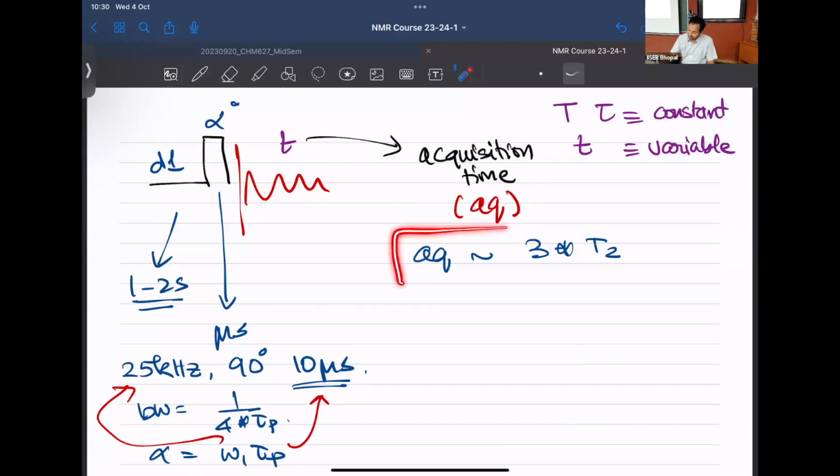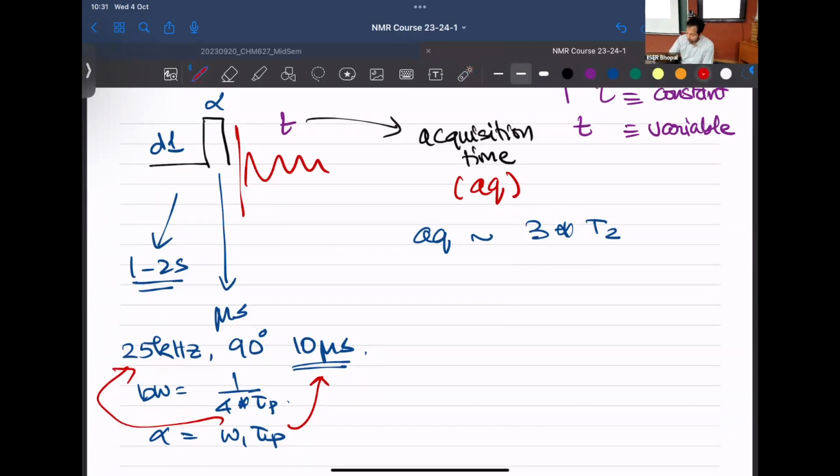Therefore, the acquisition time is carefully set if you have an approximate value for the spin relaxation of the nuclei that you're trying to look at. Your acquisition time is generally set at a maximum of 3 times T2. Sometimes people go lower than this also for other reasons. Setting it any beyond 3 T2 might just reduce the sensitivity.